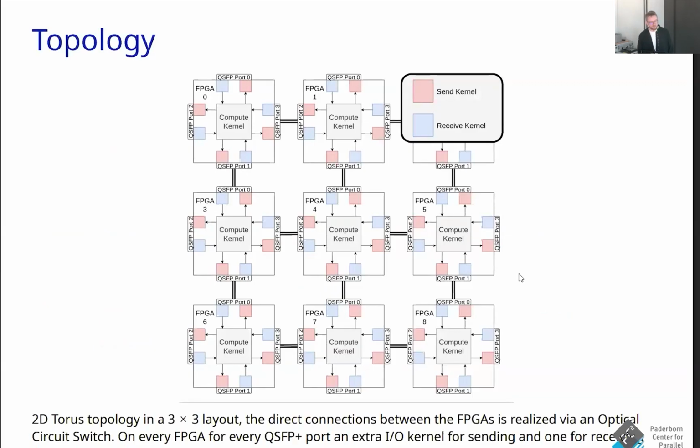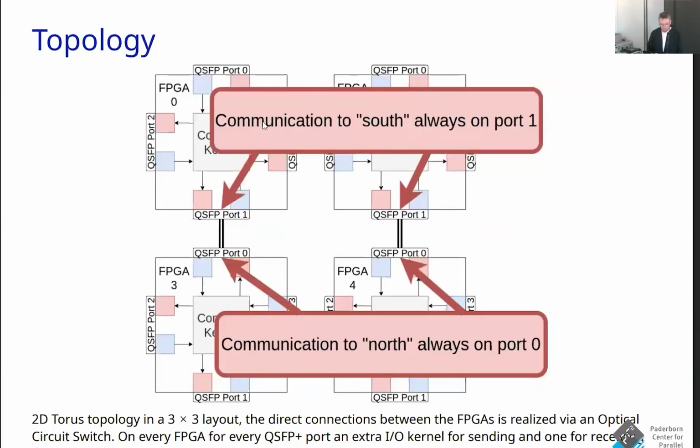So this is the topology for a 3x3 layout. Here we have compute kernels, and for each port we have a sending and a receive kernel. Note that the communication southwards always happens on port 1, while communication northwards always happens on port 0.